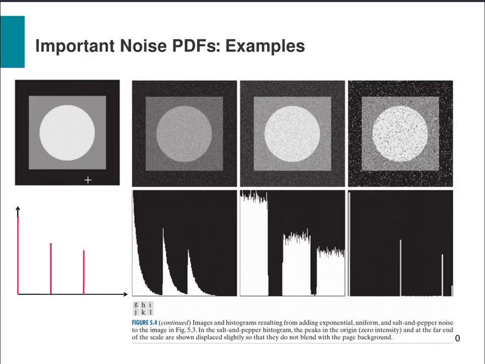Salt and pepper noise is going to be more visible in the histogram if you have an image with most of the intensity values that are possible. In that case, you see distinguishable spikes at locations 0 and 2^k minus 1 when you apply salt and pepper noise to your image.